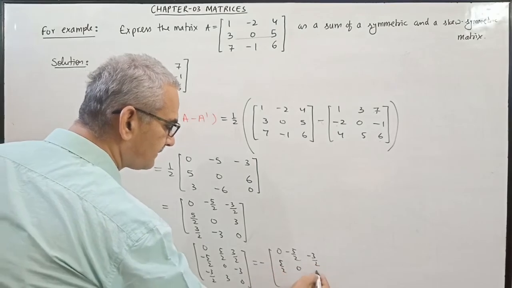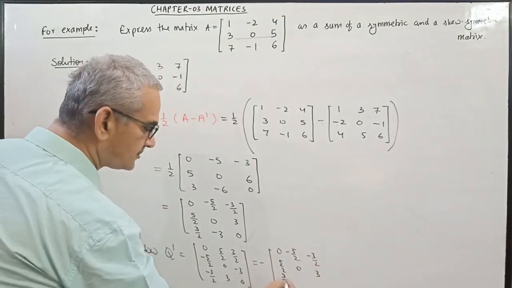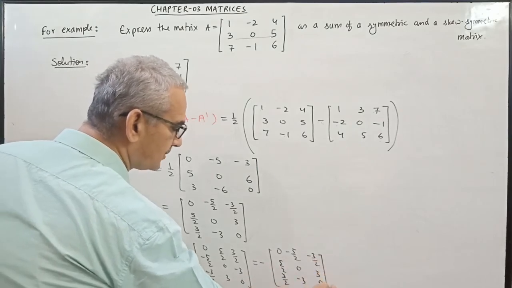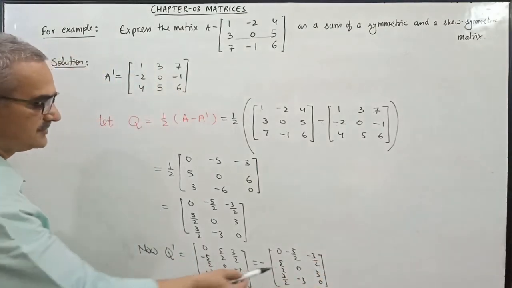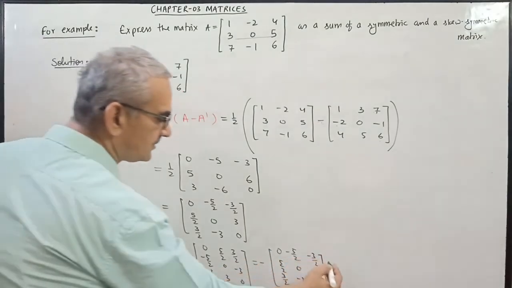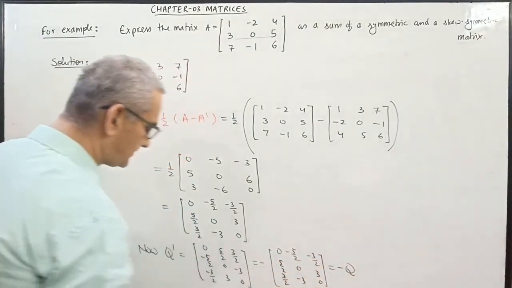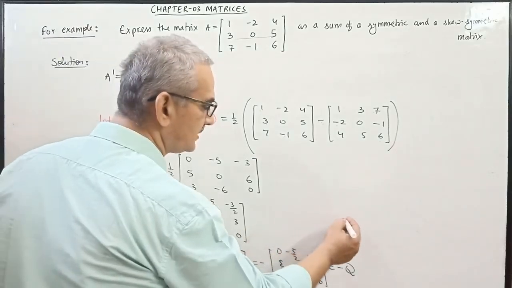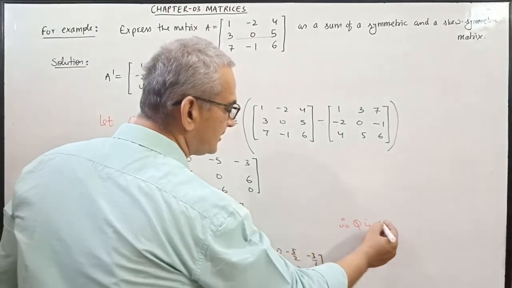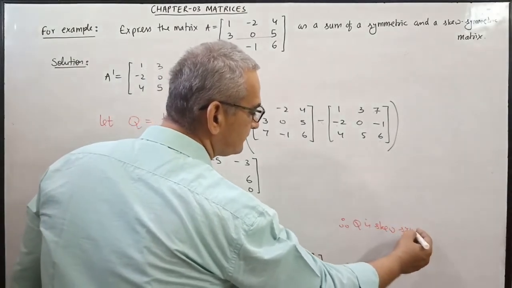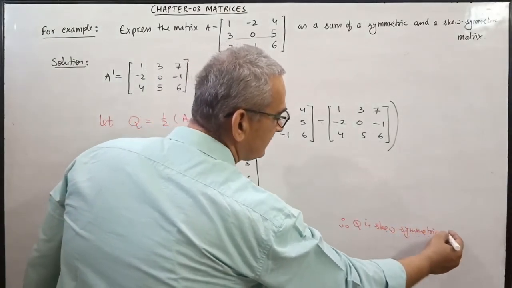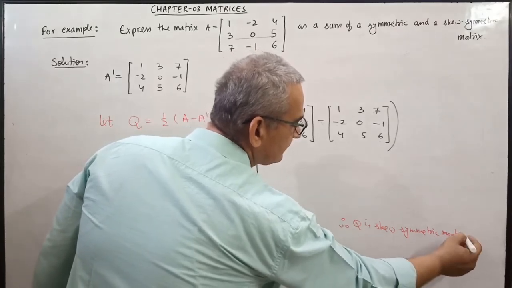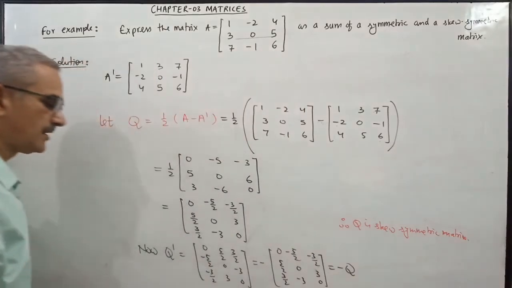Here we have 3 by 2, this is minus 3 and 0. So what we are seeing here is that this is Q dash, and it is equal to minus Q. So it means Q is a skew symmetric matrix. Therefore Q is a skew symmetric matrix.